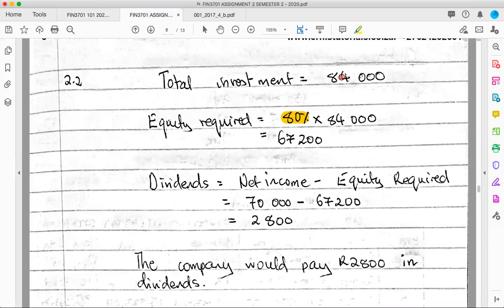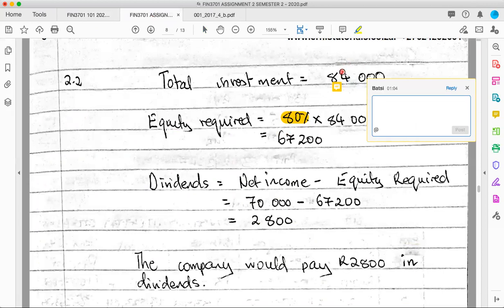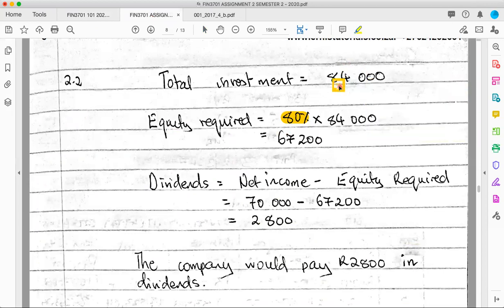So it means 80% of this investment will be financed from equity. So we say 80% of 84,000 and we get 67,200. So this would be the equity required.